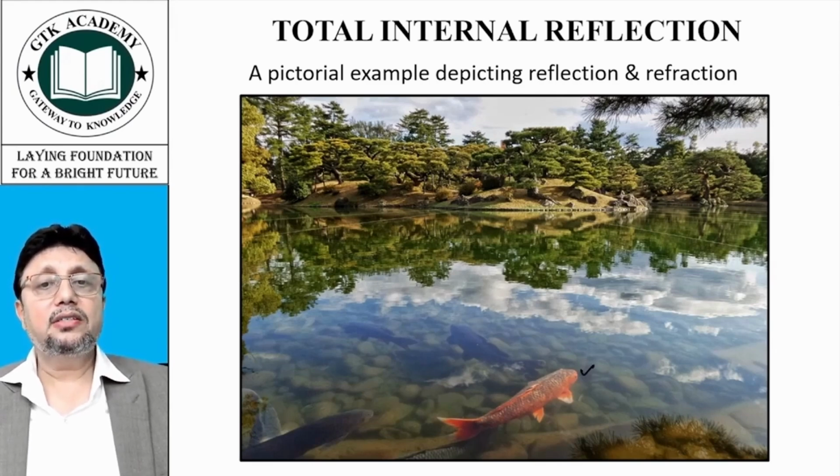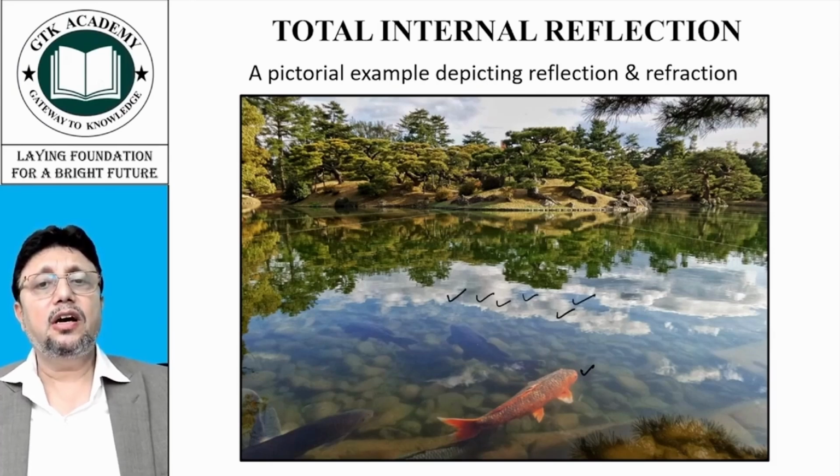Because the light rays, after refraction, are reaching the fish. And how are you able to see the scenery outside? That is the reflection of the scenery outside. This is because of the reflection of light.